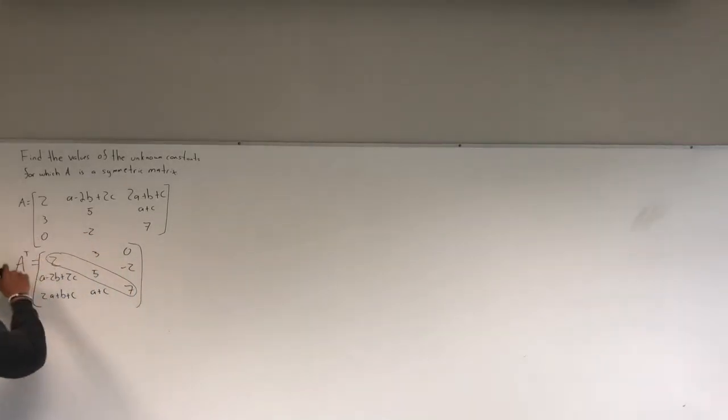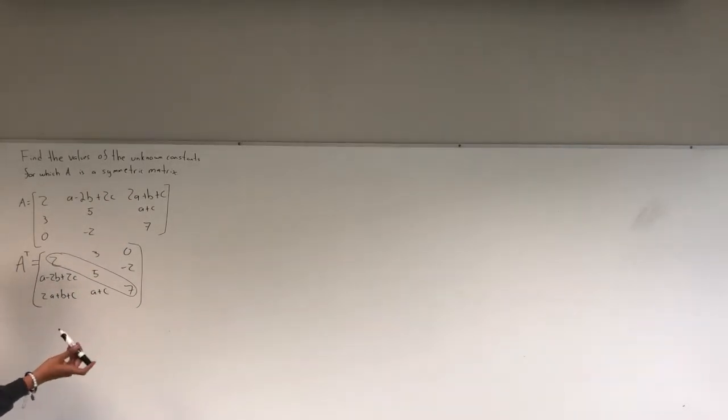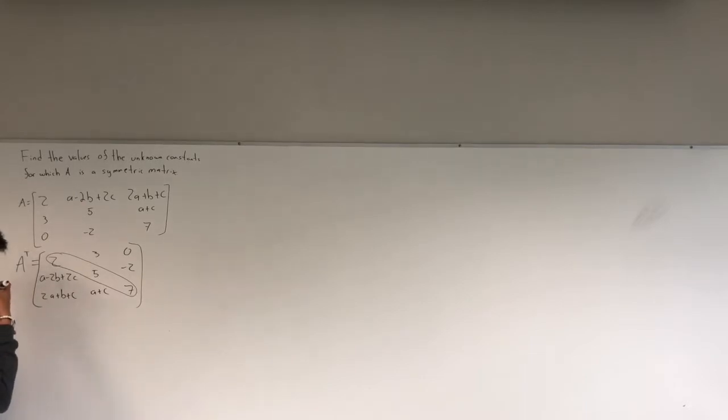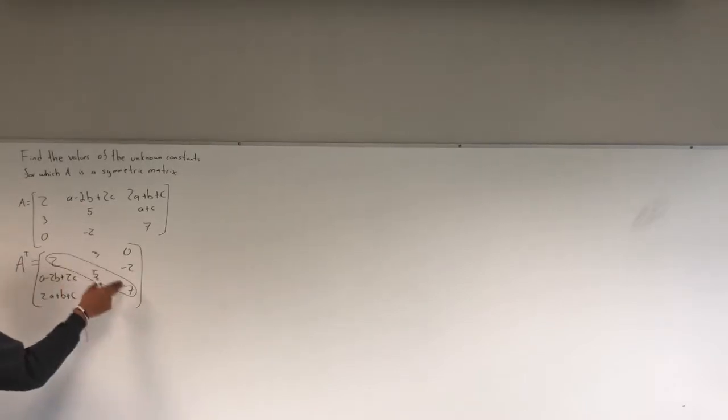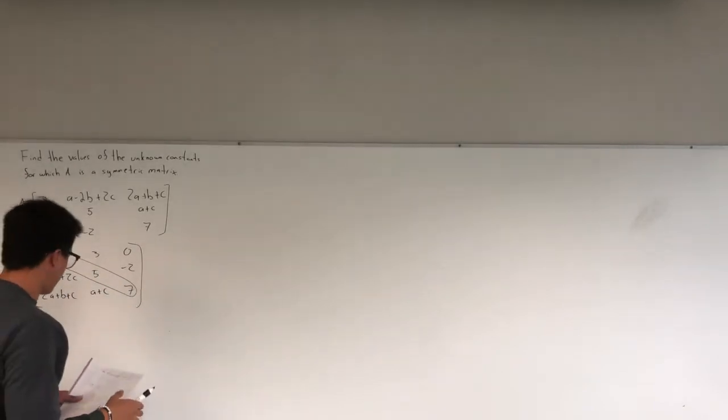With this we now can see that this is an upper triangular matrix, and as our matrix A is symmetric, we can determine that the lower values of this diagonal will be equal to the upper values of the diagonal.